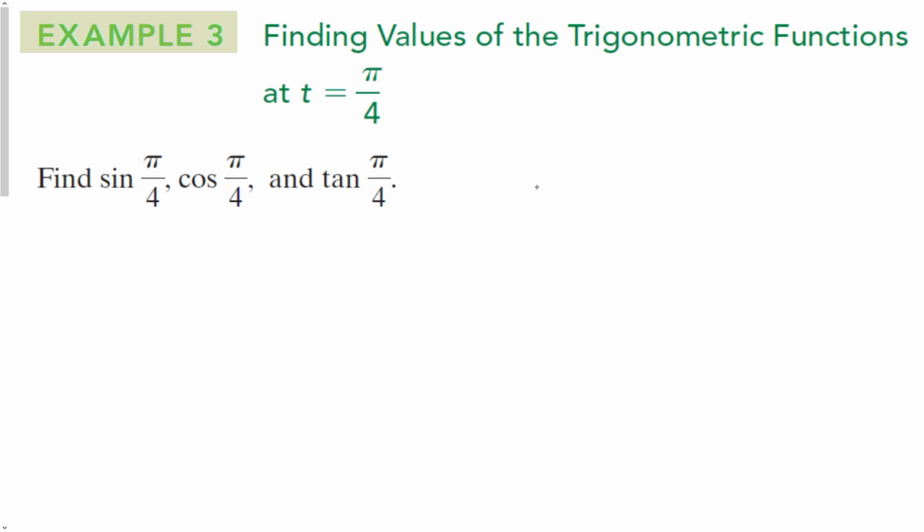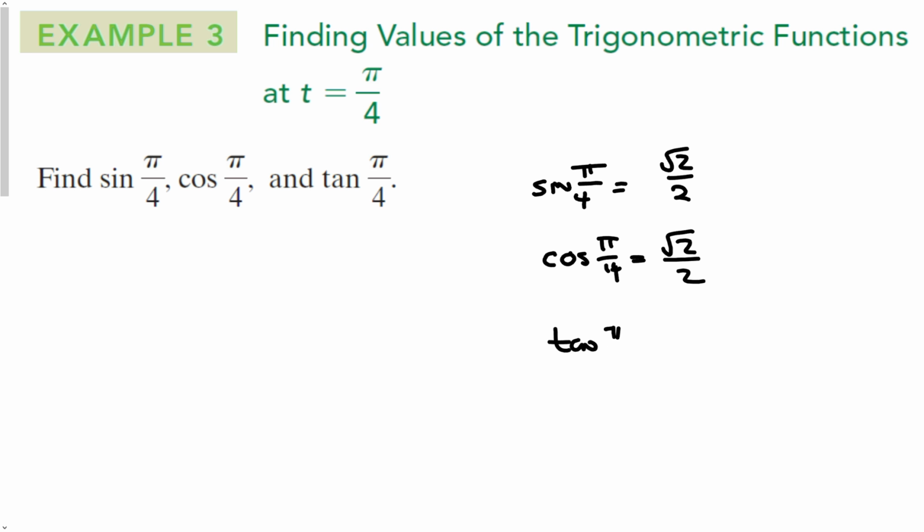That means that the sine of pi over 4 and the cosine of pi over 4 are both going to be the square root of 2 over 2. And the tangent of pi over 4 is going to be the y coordinate, the sine, over the x coordinate, the cosine. If they're both the same, when you divide the same thing by the same thing, you get 1.